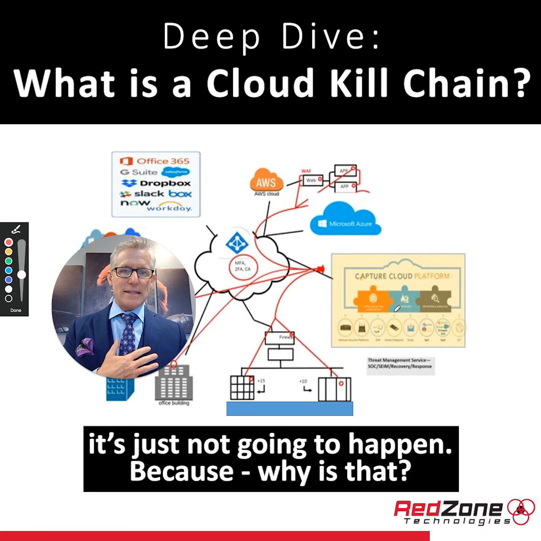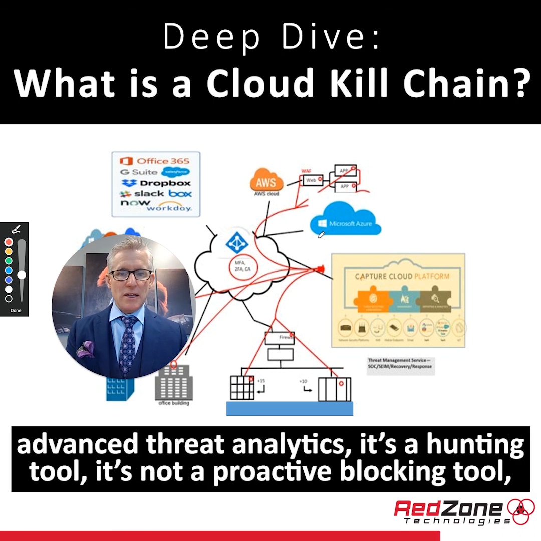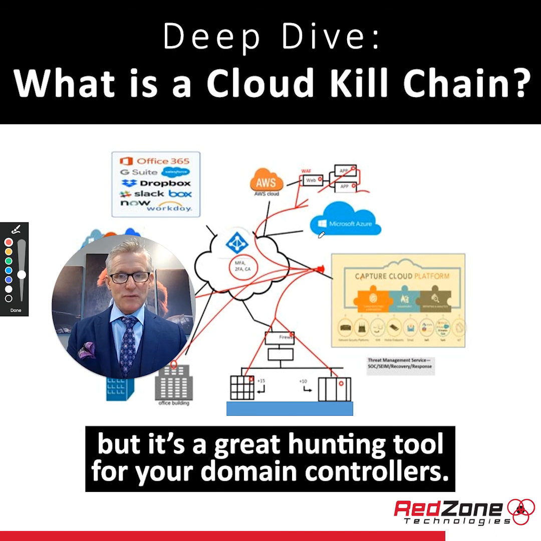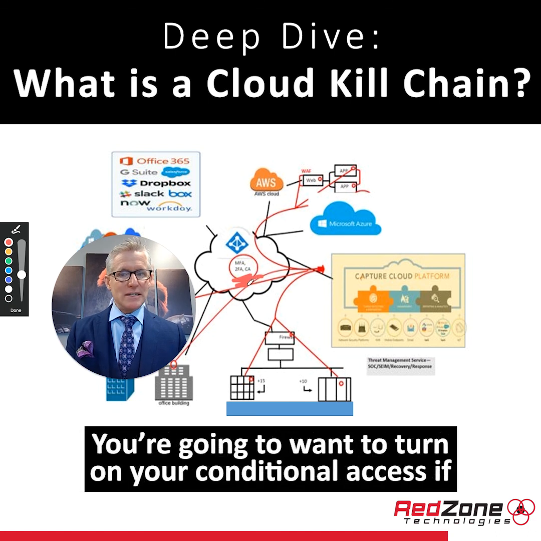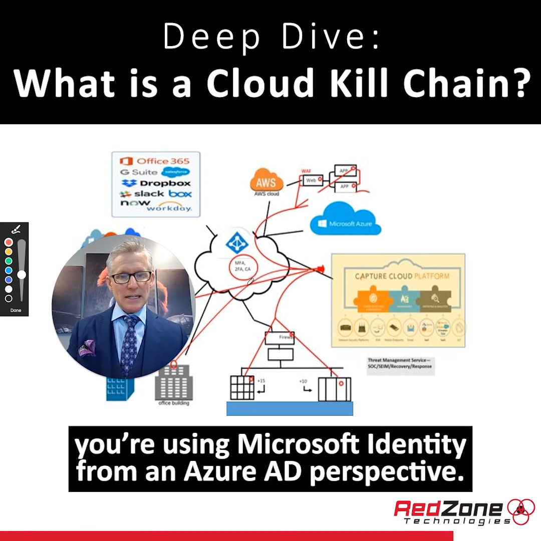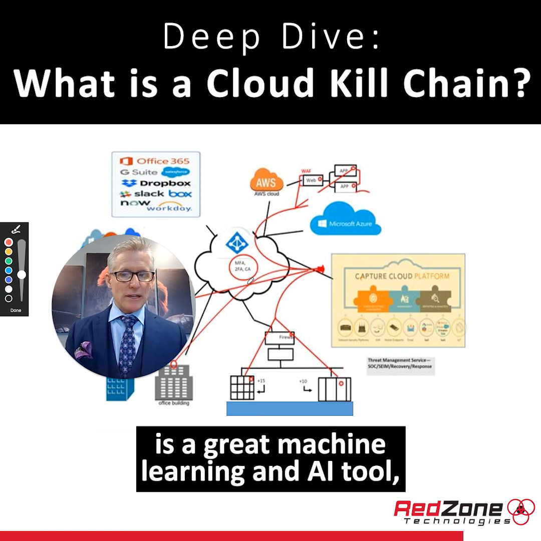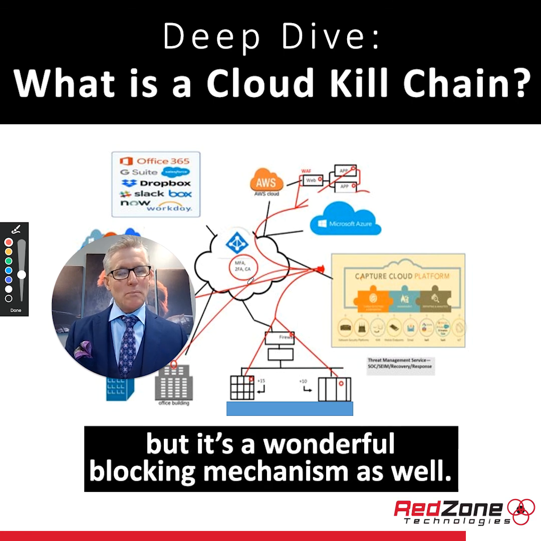Because many of you are in Azure, and it just makes sense to turn Microsoft ATA, Advanced Threat Analytics, on. It's a hunting tool. It's not a proactive blocking tool, but it's a great hunting tool for your domain controllers. You're going to want to turn on conditional access if you're using Microsoft Identity from an Azure AD perspective. And conditional access is a great machine learning and AI tool, but it's also a wonderful blocking mechanism as well.